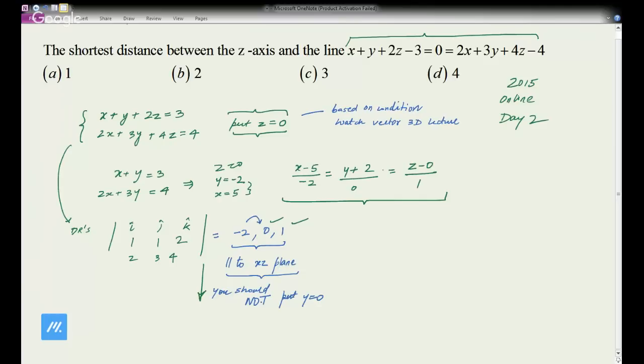Clear? Now you want to find the shortest distance from the z axis. How will you do that now? Tell me.